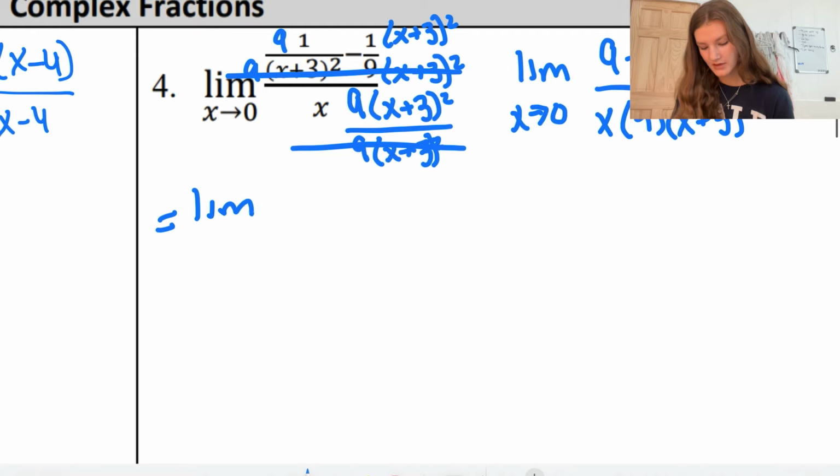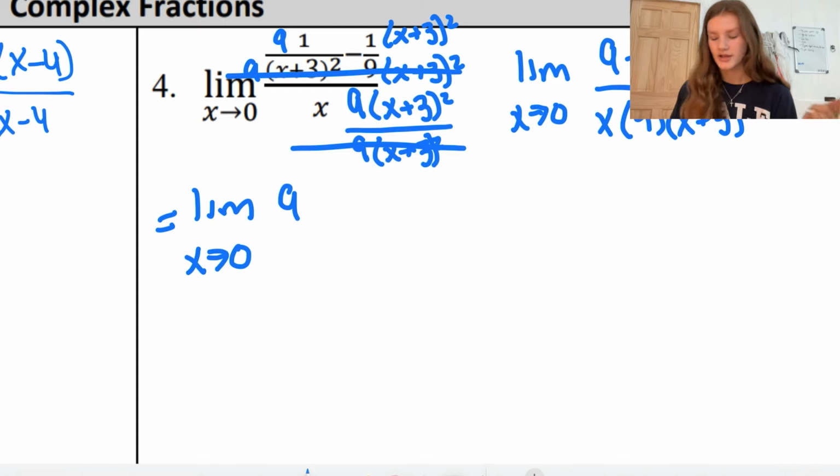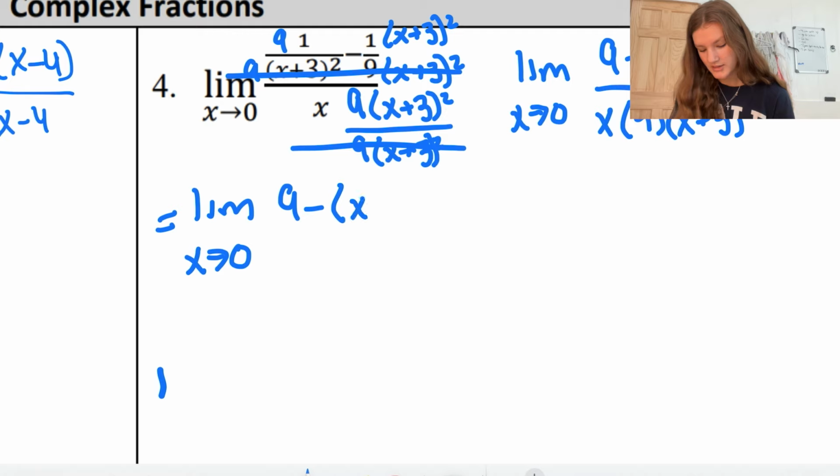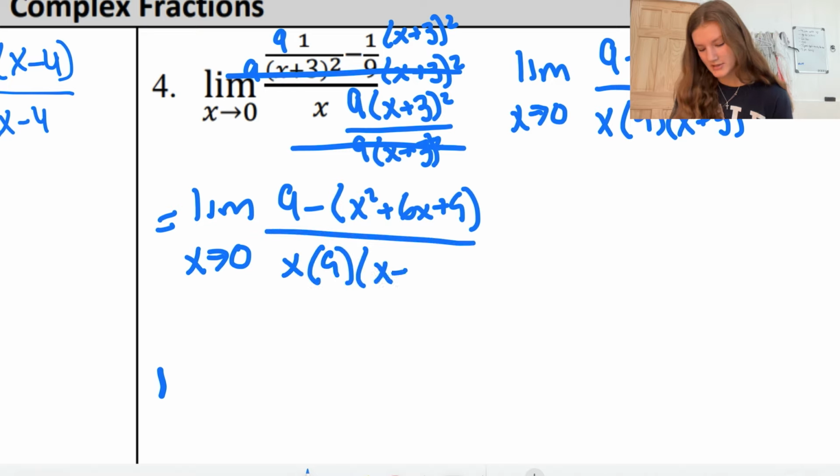So we'll have the limit as x approaches 0 of 9. Let's factor out the x plus 3. So 9 minus x squared plus 6x plus 9 over x times 9 times x plus 3 squared.